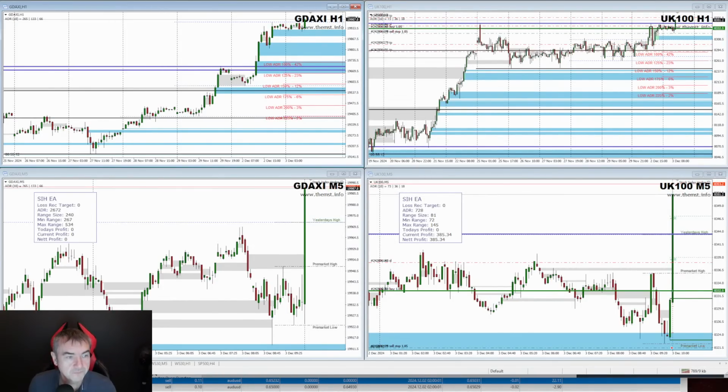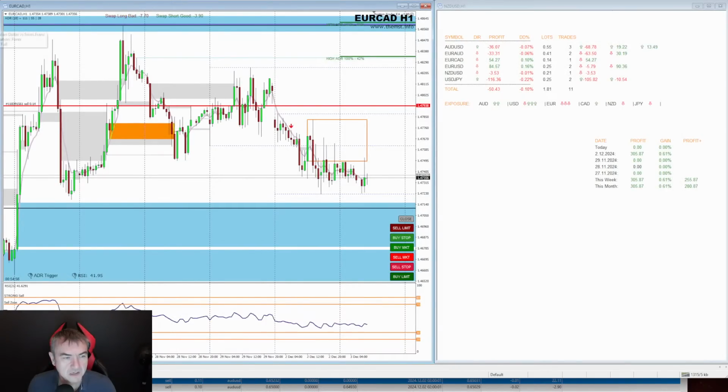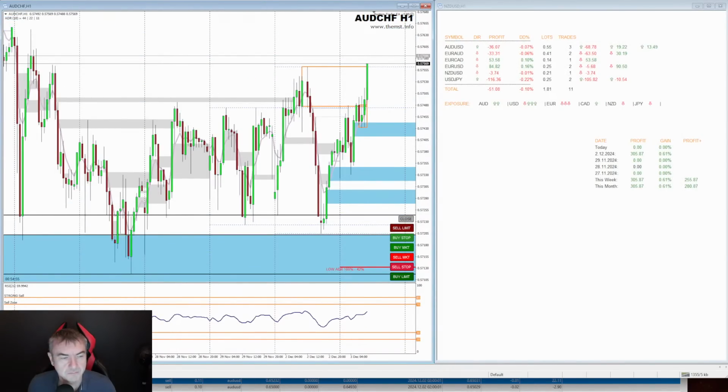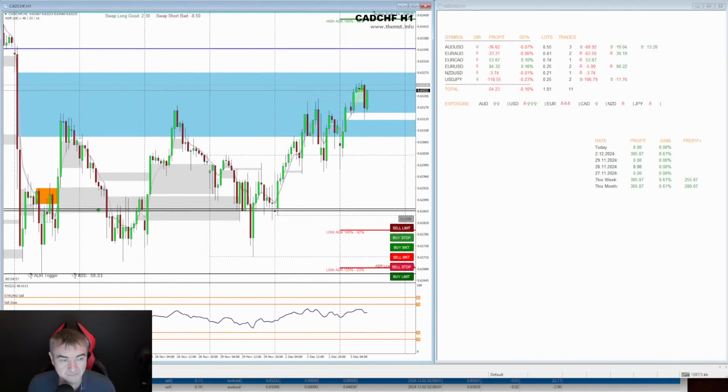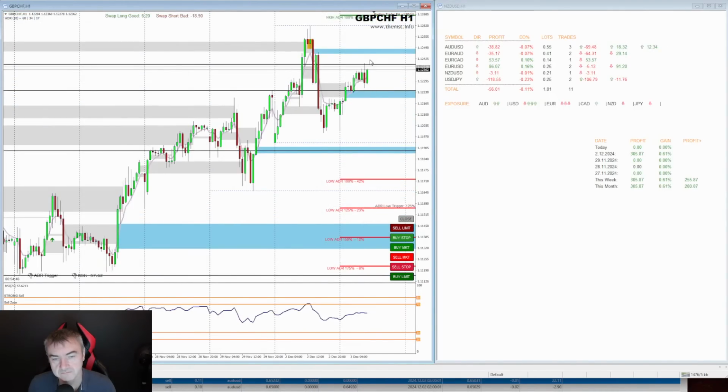We'll start off with the news this morning. It's a very low news day today. We've had the CPI for the Swiss franc come out as forecast, so I'm not quite sure what that's going to mean for the Swissy moving forward. The market reaction is slightly negative, with a little bit of bullish movement, but not a lot.